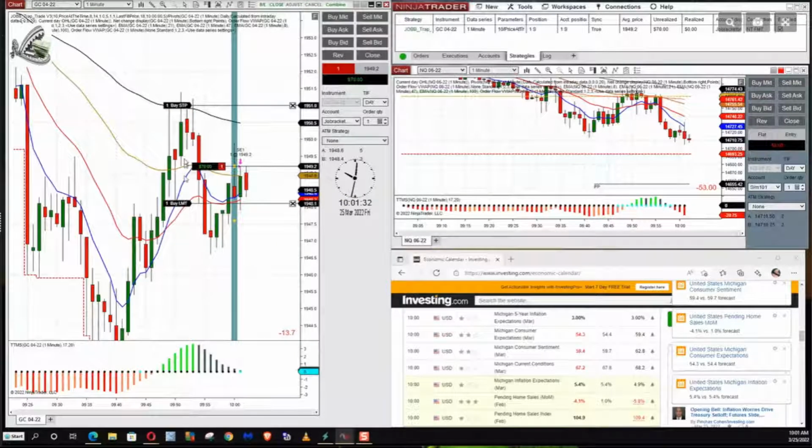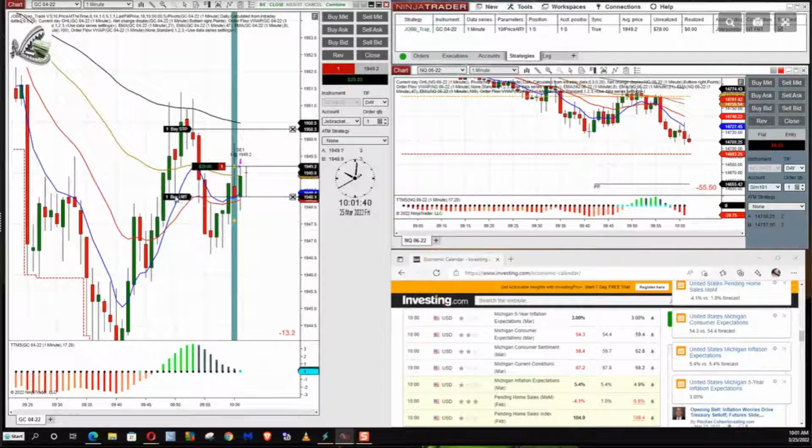If I can get $100 out of this trade, I'll take it. It's not moving great. So I don't want to see it go too far against me. It's just not getting much action here.